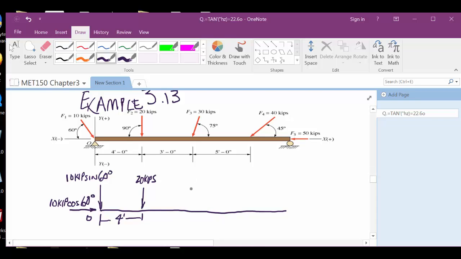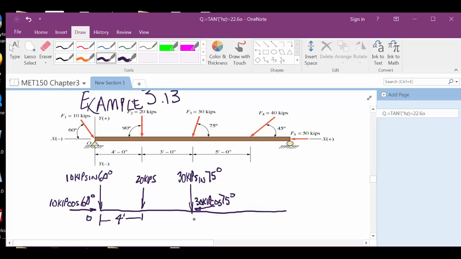Then you've got this force right here, which, guess what? 30 kips sine of 75. You also have, let's see, it's this way, isn't it? 30 kips cosine of 75.